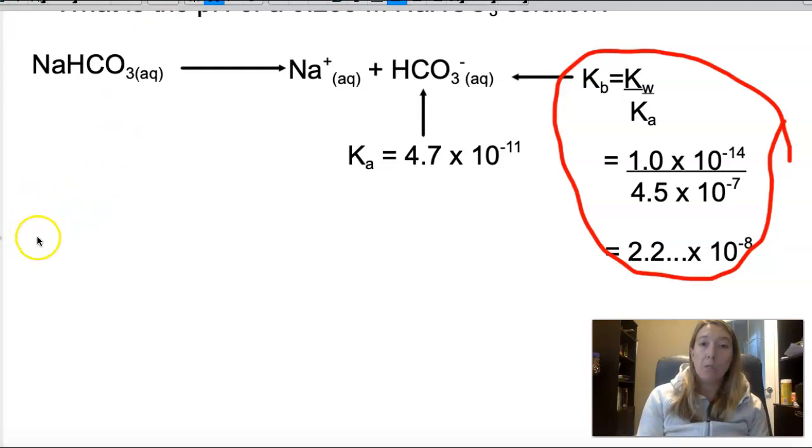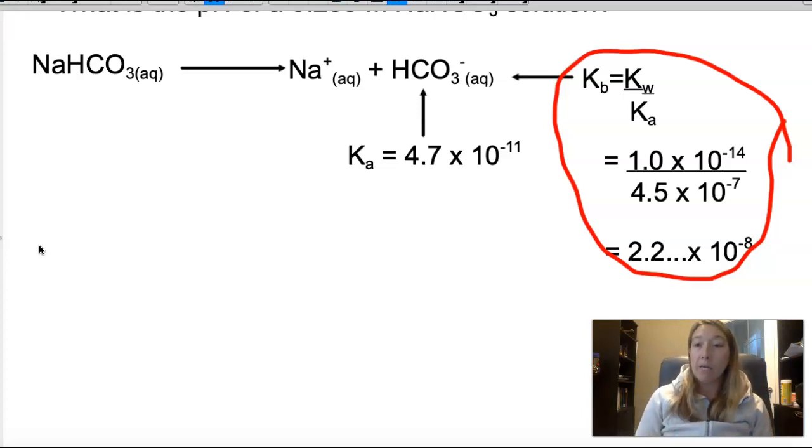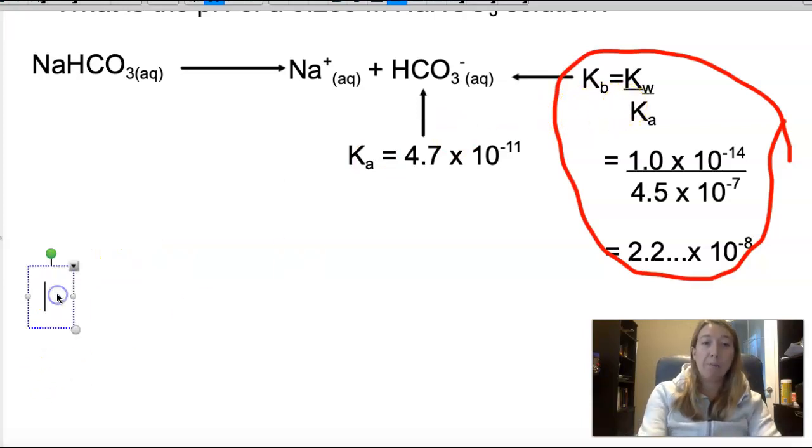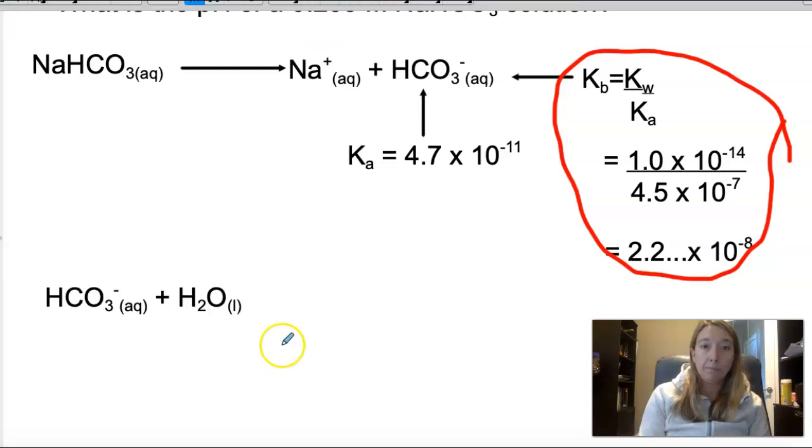So now I know what's the appropriate equation to write for setting up my ice table, because before I do this, I might write an acid equation, I might write a base equation, but because the Kb was bigger, I know it's going to be the base. So we're going to have HCO3 minus, and we're going to combine it with water. This is going to set up an equilibrium.